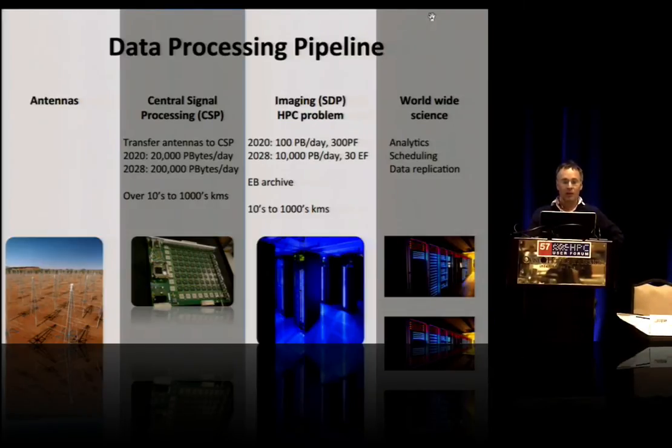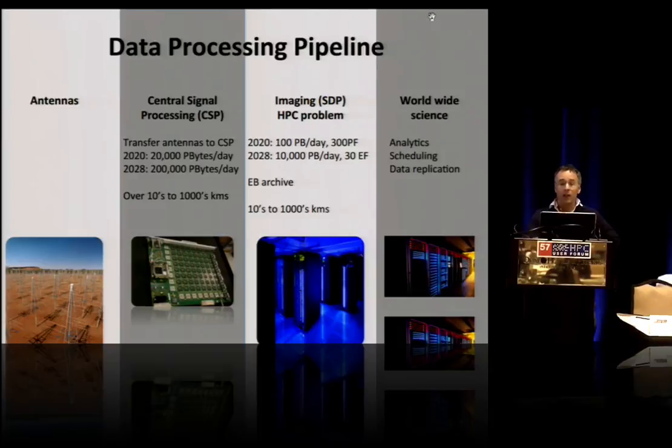And what you see there is that it, in the first phase, will take 20 exabytes of data per day. And when the telescope is extended, 200 exabytes. This is actually a relatively simple component to build. A simple single rack of electronics can do this work amazingly. The data, though, needs to be moved over hundreds or thousands of kilometers.